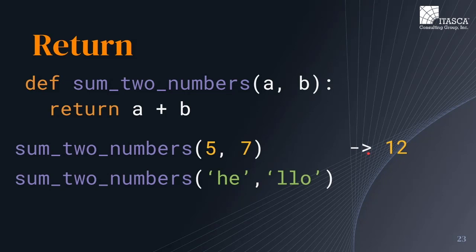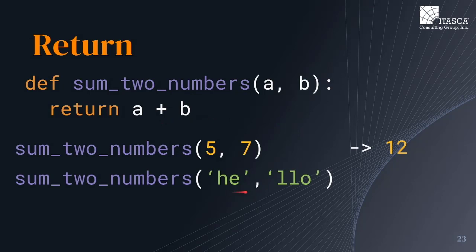Now, one thing you have to be careful with in Python is that there's not really any way to automatically check the type of a variable. Because of that, in functions, when you're passing data as arguments, you can in fact pass data which is not of the expected type. For example, this function is meant to sum two numbers. It takes two numbers and returns the sum of them.